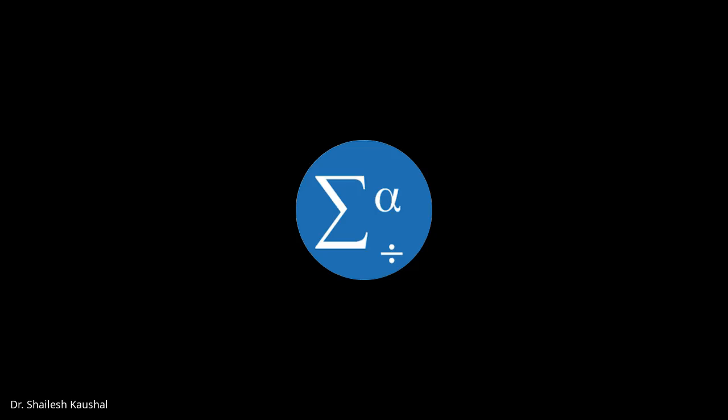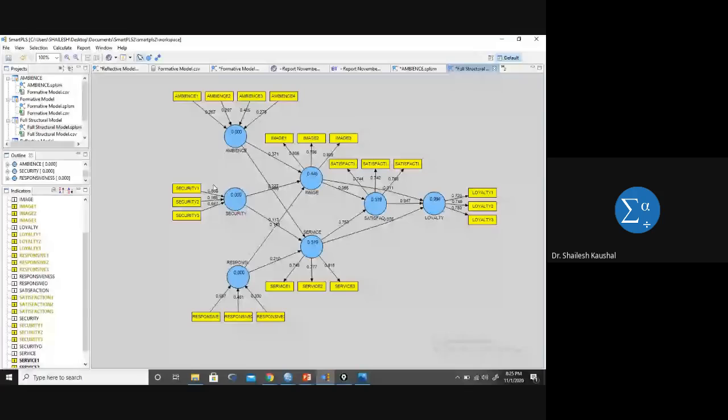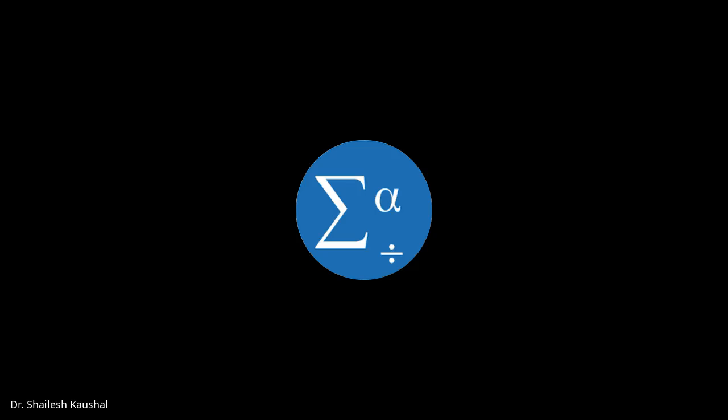First of all, in this model, there are four issues. One is collinearity among latent variables. There is no issue of collinearity among variables, as we have seen.